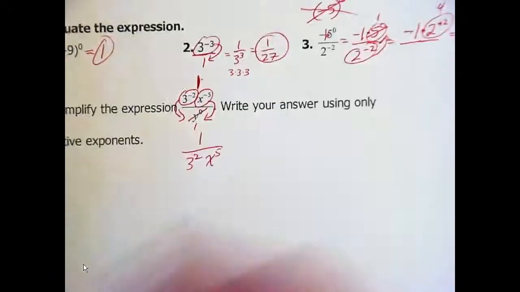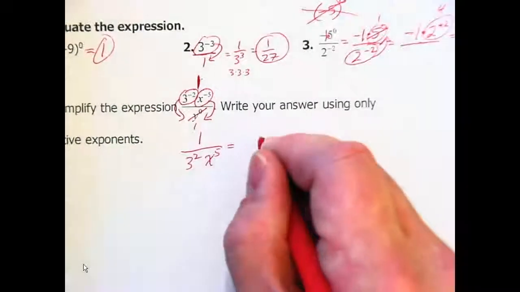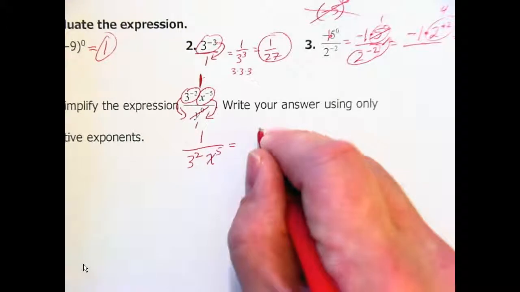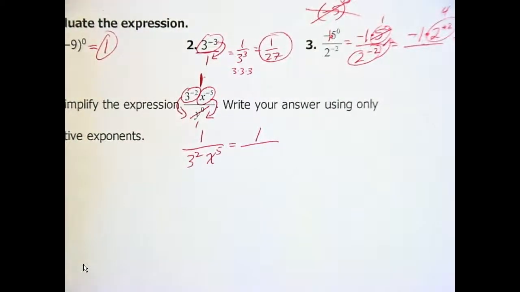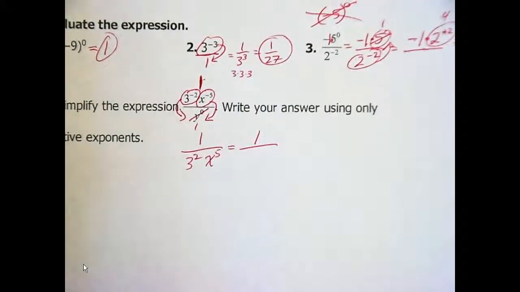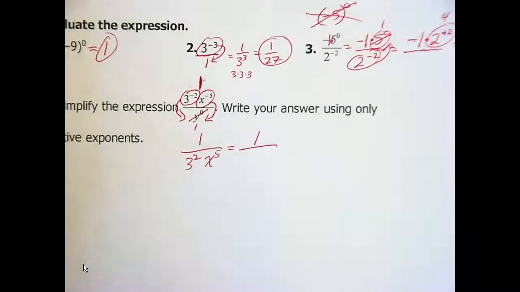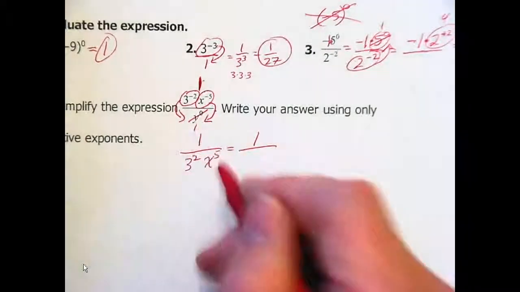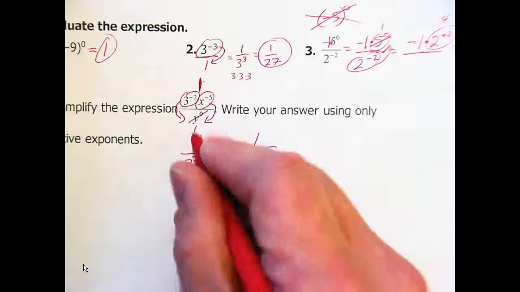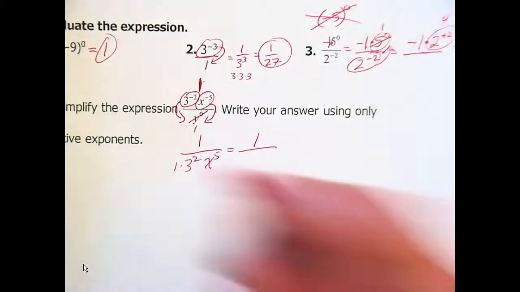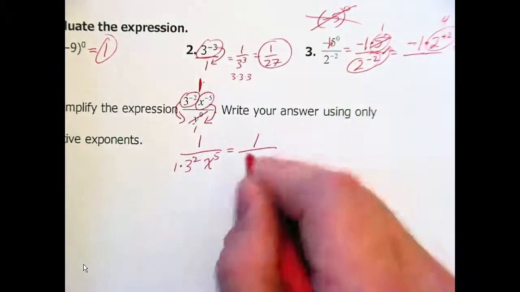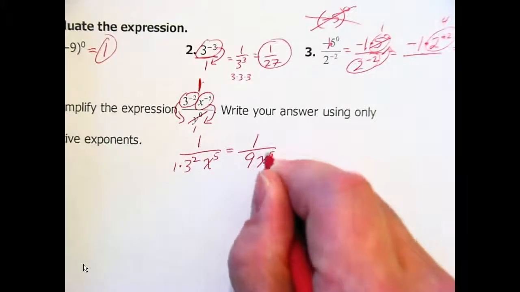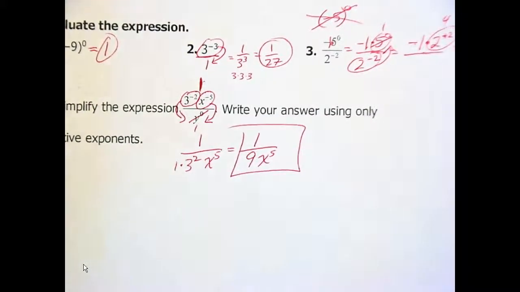Which is a number. What number? No, well, you multiply by 1. So that 1 that's down there is being multiplied, so it doesn't change it. 9x to the 5th. All right. There, got it.